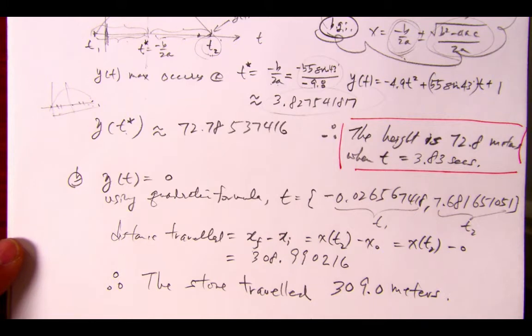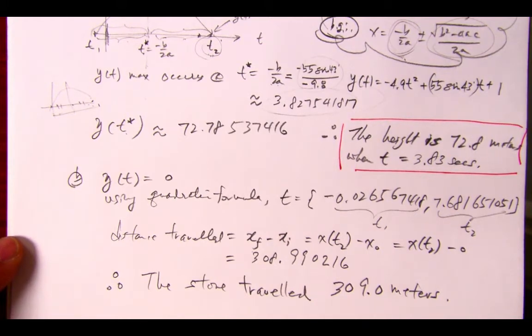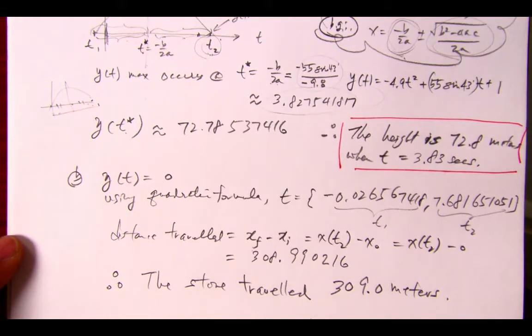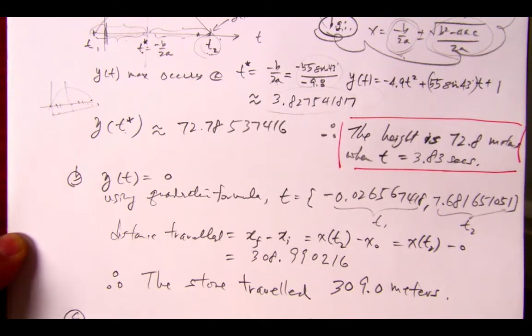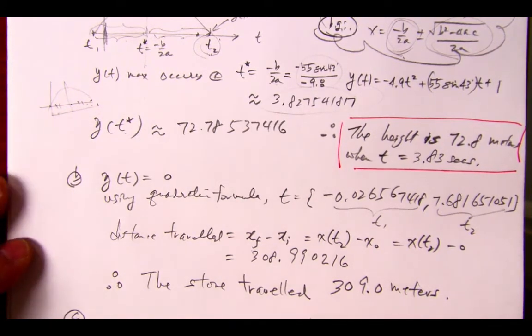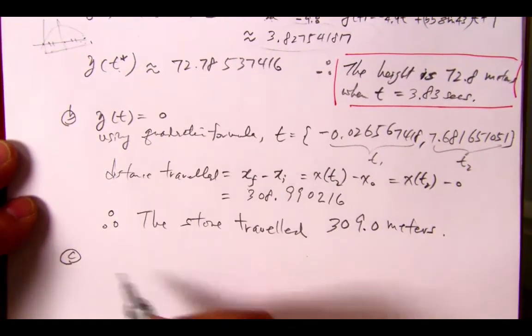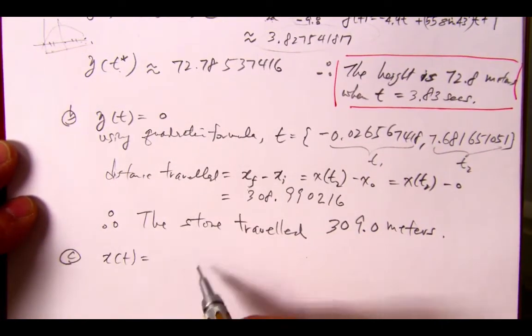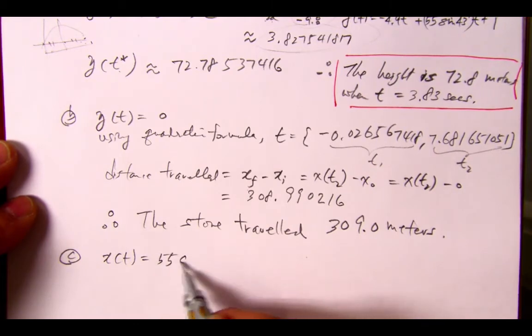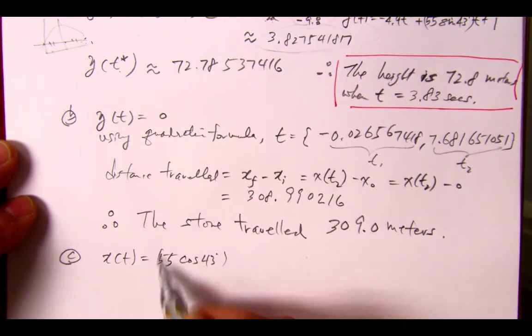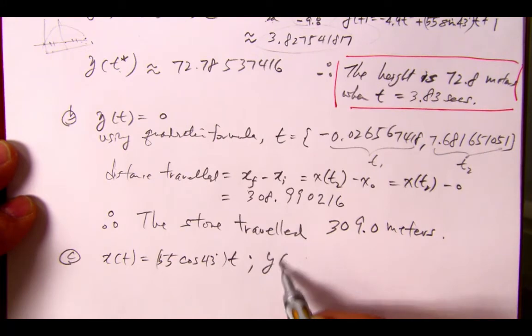All right. Last but not least, for C. For the sake of our convenience, I like to actually write the x and y in parametric form. X of t was what, guys? 55 cosine of 43 t, and y of t was what, guys?